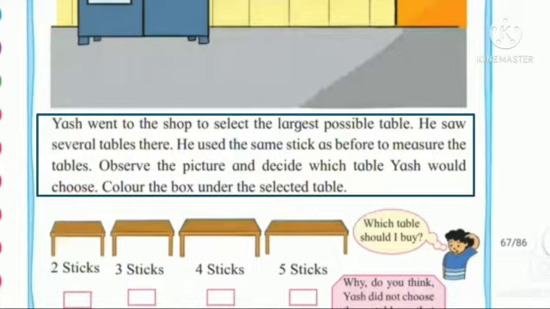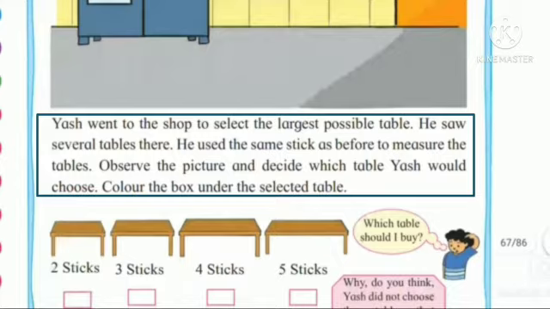Observe the picture and decide which table Yash would choose. Now what do we have to do? We have to observe the picture and select which table Yash will choose. Color the box under the selected table.